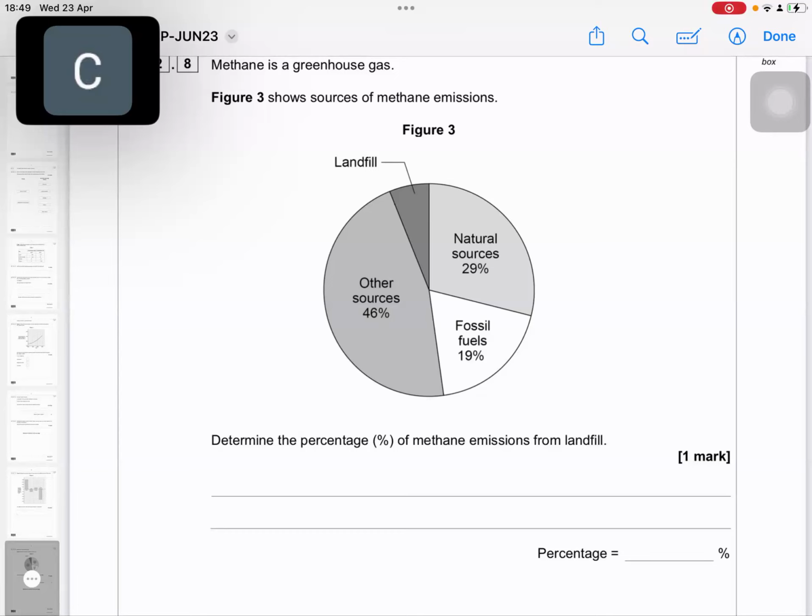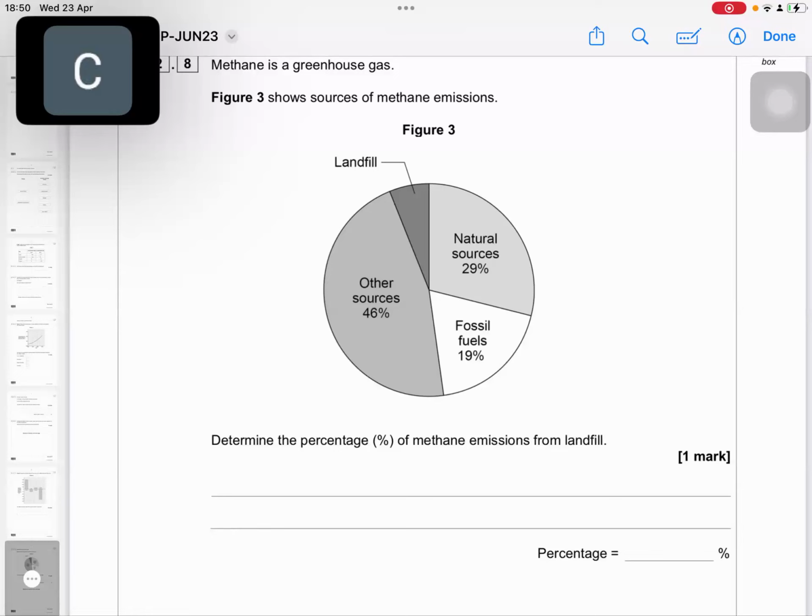It would add up to 360. Yes, correct. That's exactly what it is.